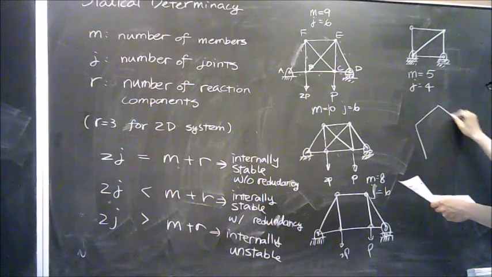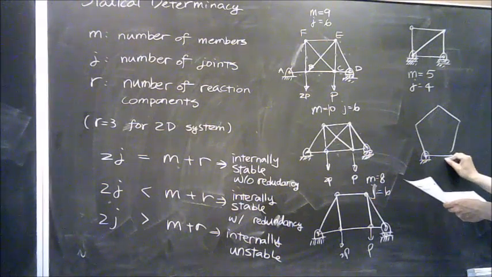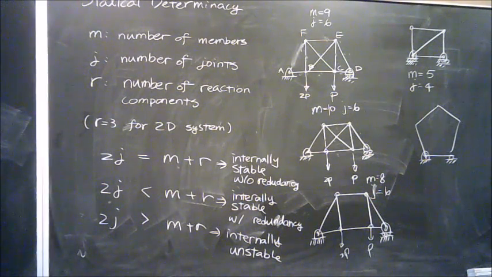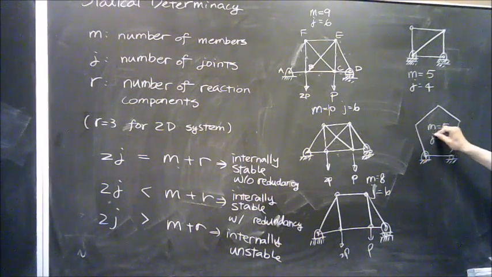How about this one? How many members do we have here? Okay, how many joints do we have here? 5.